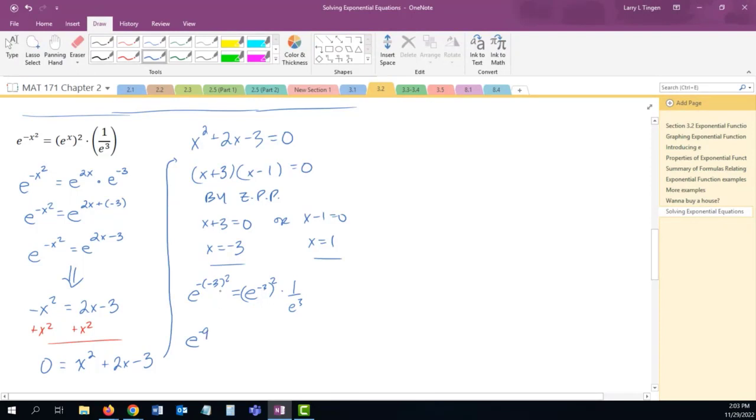There's a minus on the outside that gets to live. It hangs on. -3 times 2 is -6. 1 over e cubed is e to the -3. e to the -9th is equal to, same base, add the powers, e to the -9th. They check.